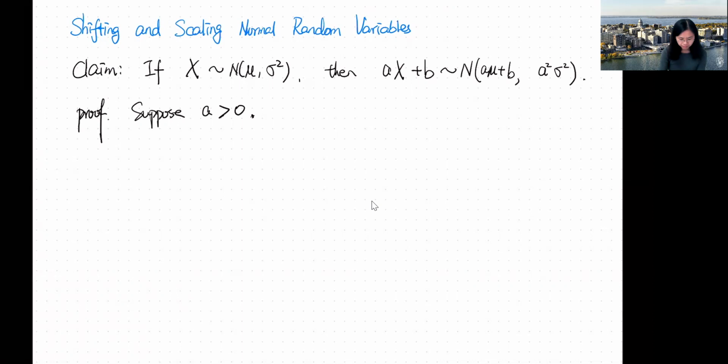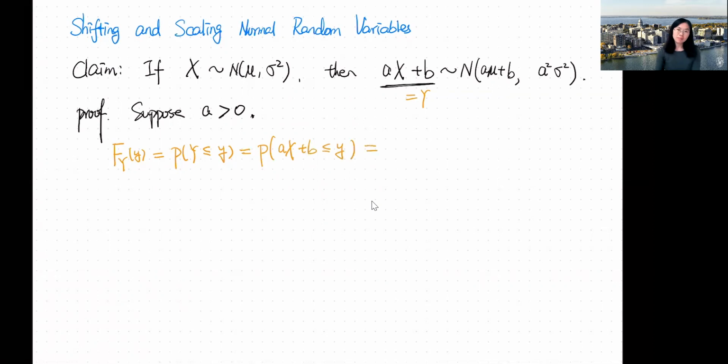Then we call this random variable, let's say this is y. Then the CDF of y is given by probability that y less than or equal to little y. And that's given by probability ax plus b less than or equal to little y.